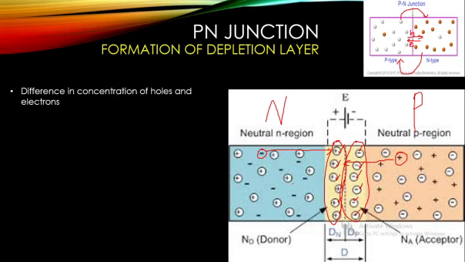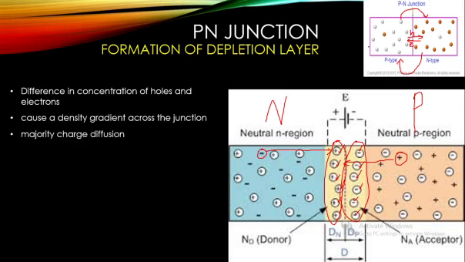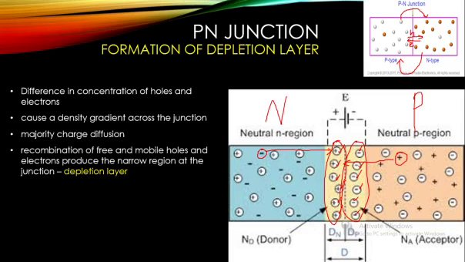This difference in concentration of holes and electrons will cause a density gradient across the junction, and correspondingly there will be a charge diffusion of the majority charge carriers, and once they diffuse there will be a recombination of electrons and holes, and that will form a layer which is called the depletion layer. So what is a depletion layer?